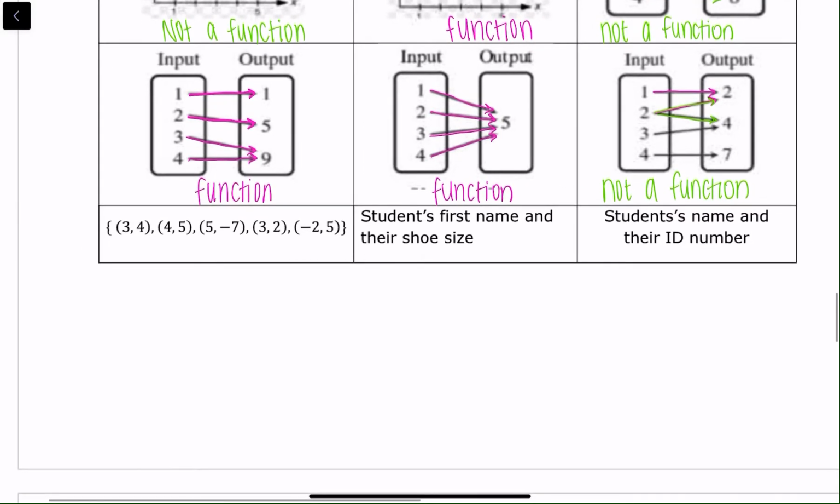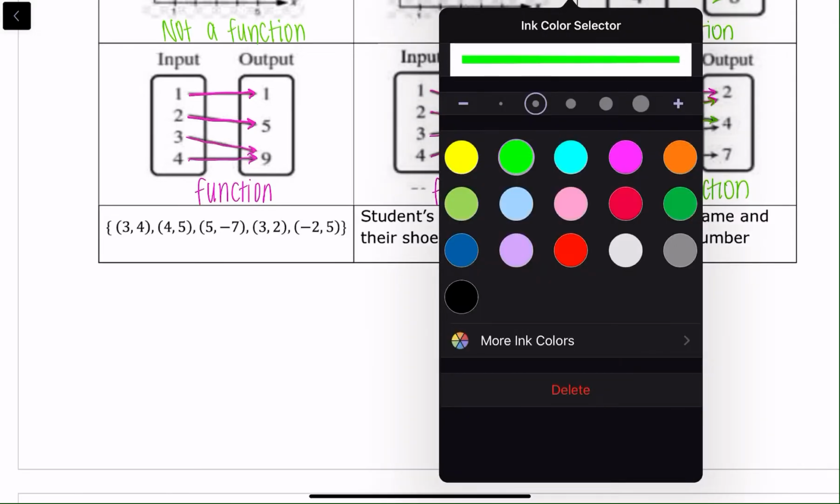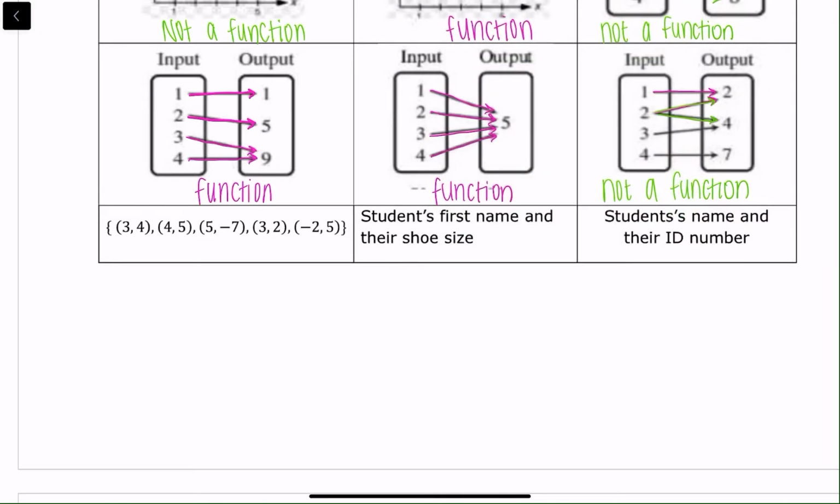Next, we're given a set of points and we need to determine if it is a function. So what I want to do first is look at all of my x values. I have a 3, a 4, a 5, a 3, and a -2.